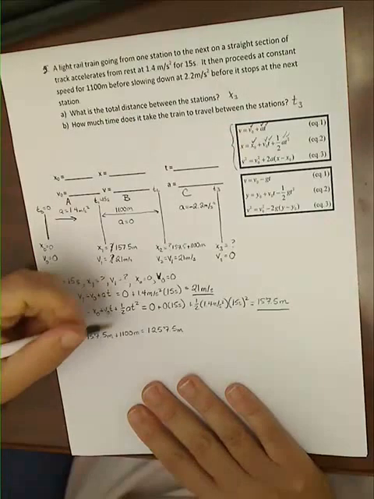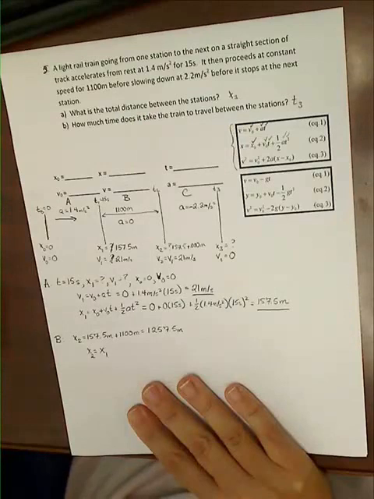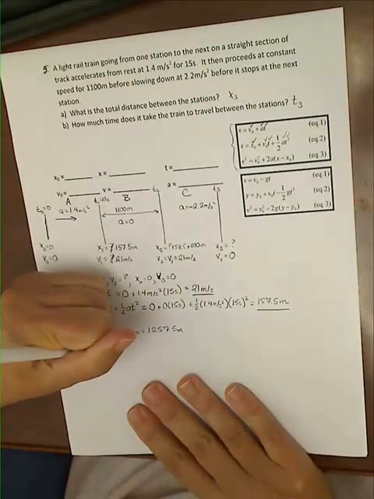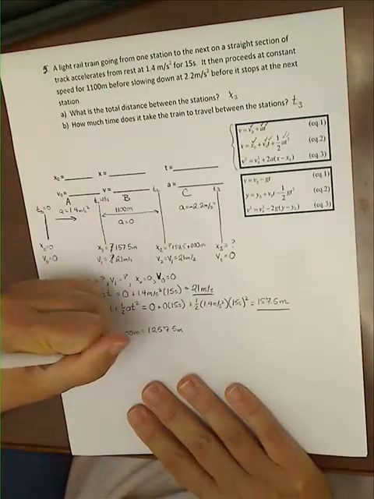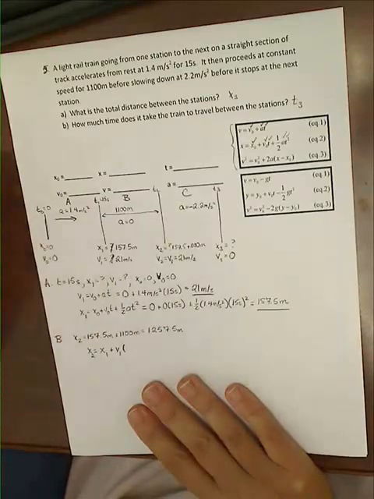Alright, so I've got x is equal to x0. Now remember, I have to put in my initial and final positions here, and my initial position is x1, my final position is x2. Okay, my initial velocity in this case is v1, and the time in this equation is the time between t2 and t1.